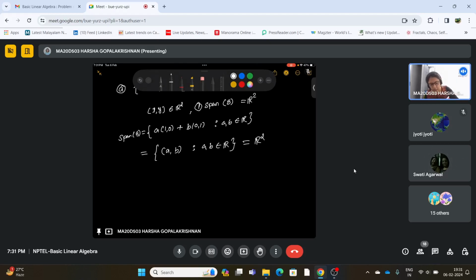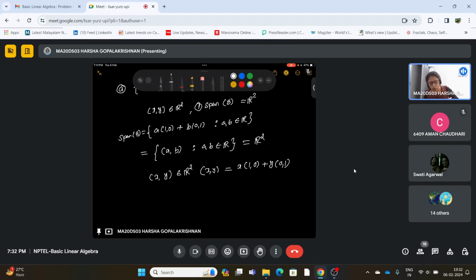That means if we are given any element (x, y) in R2, we can write it as a linear combination, x into 1 0 plus y into 0 1. So any element belongs to the span of the set B.